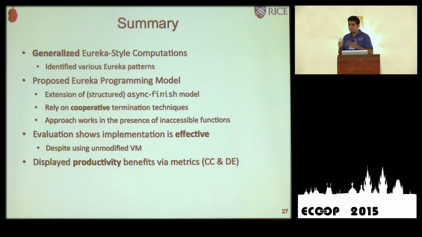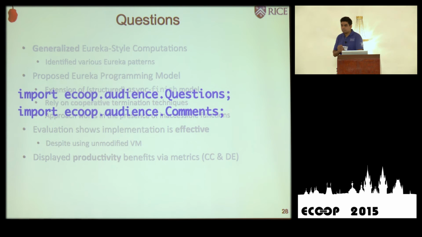The JVM doesn't support delimited continuations, so we have to mimic support for delimited continuations and do all the compiler magic needed while compiling your code to support continuations. And we can get good performance even on an unmodified JVM. If the JVM actually supported delimited continuations natively, we would get even better performance. And then we showed productivity benefits using the cyclomatic complexity and development effort metrics. So that's the end of my talk. I'm happy to take more questions.